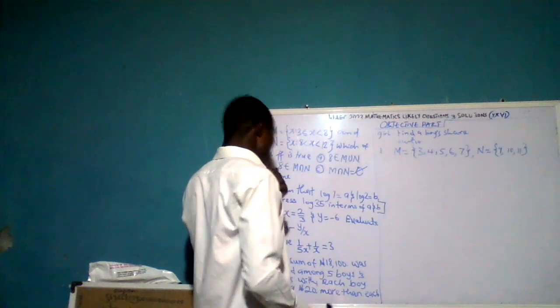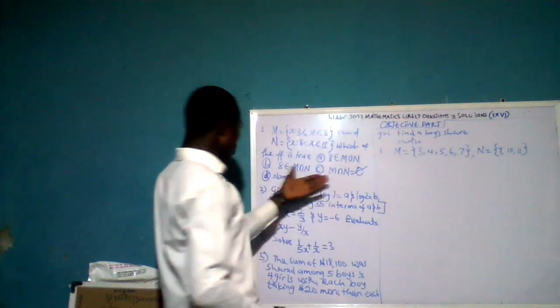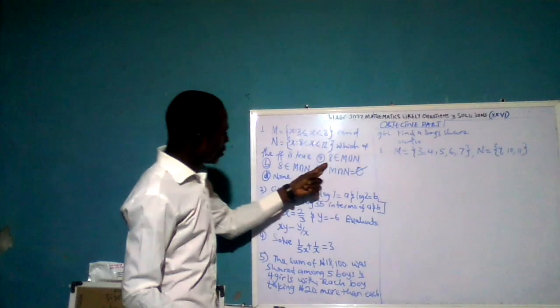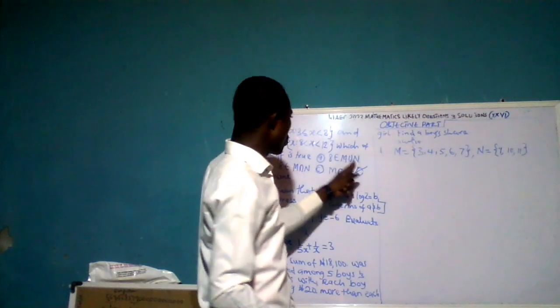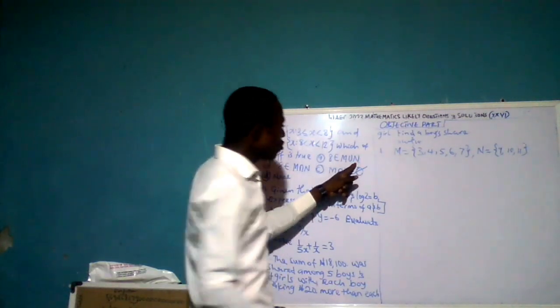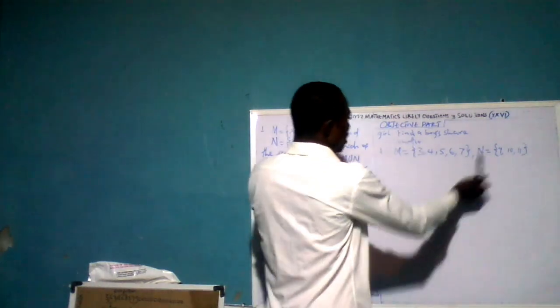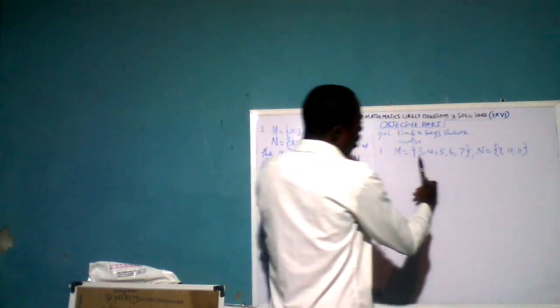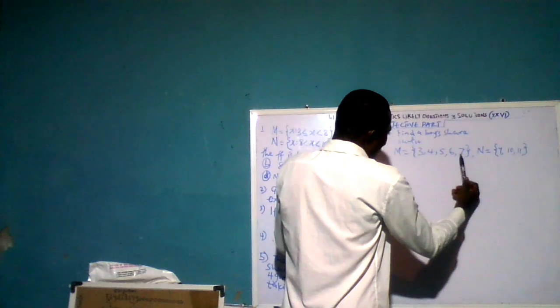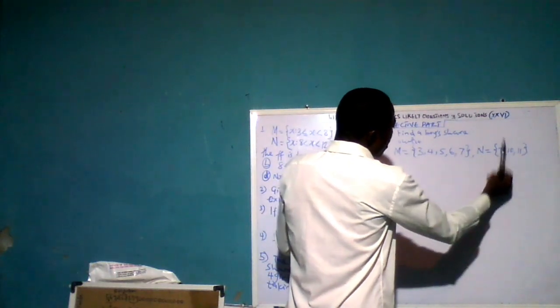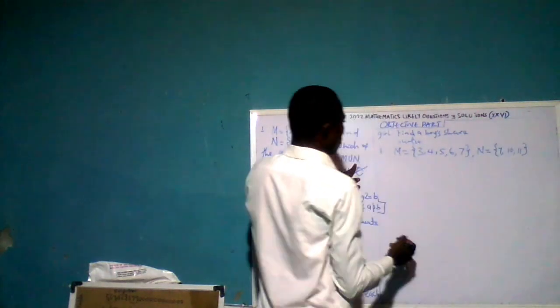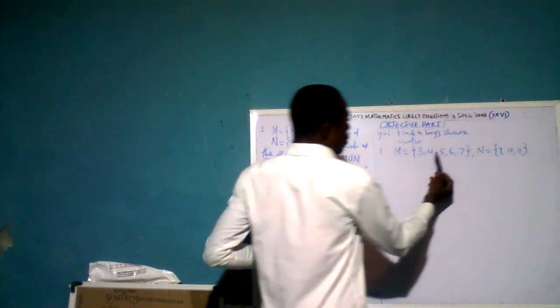Now, which of all these statements is true? Is 8 an element of M union N? Don't forget, M union N is the set that contains all the elements in M and all the elements in N without repetition. There's no 8 here, there's no 8 here.